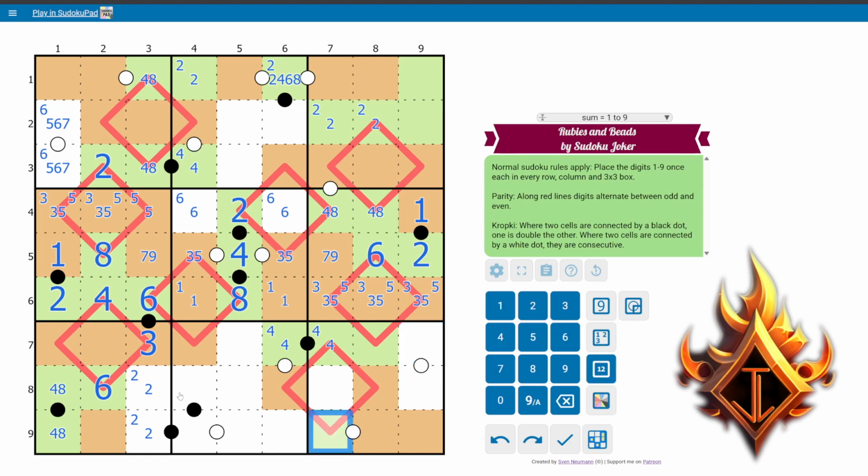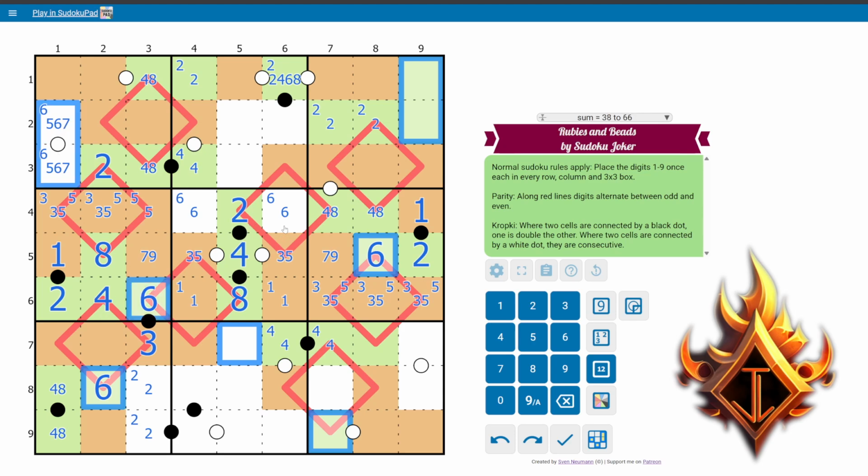Okay, if this one is 6, 6 goes in the middle. Let's see if that matters. I don't think that's enough. 6 can't go there. It could still go over here. Oh, it can't, but it could go right there.